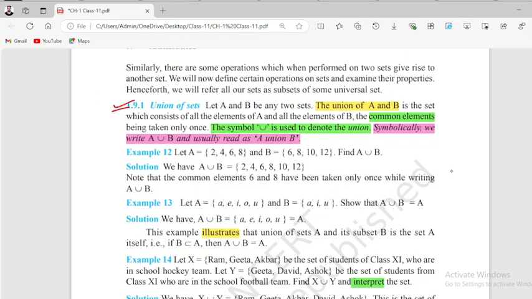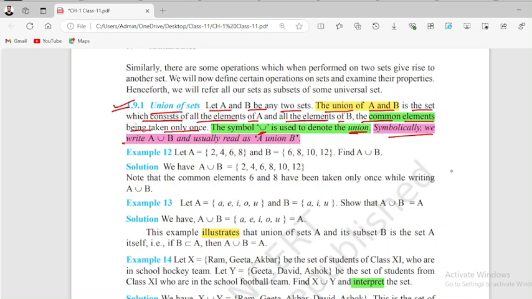Union of sets. Let A and B be any two sets. The union of A and B is the set which consists of all elements of A and all elements of B, the common elements being taken only once. The symbol ∪ is used to denote the union of sets.